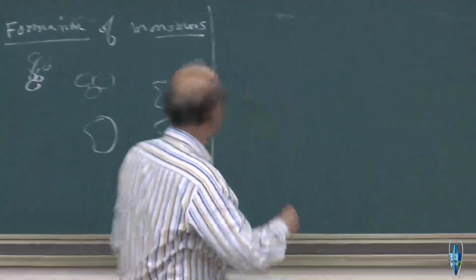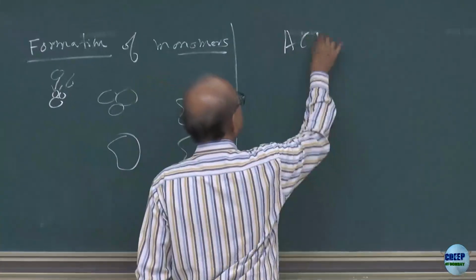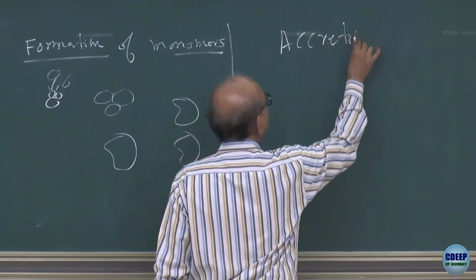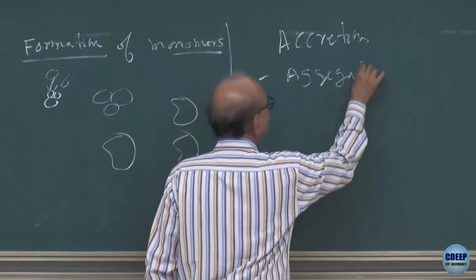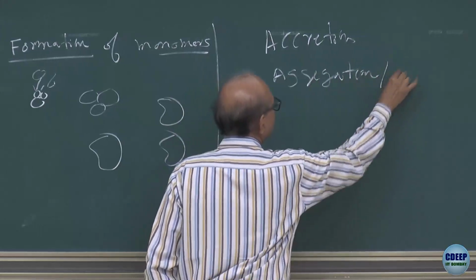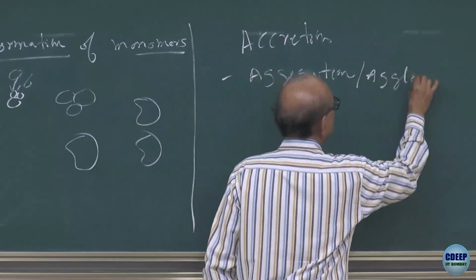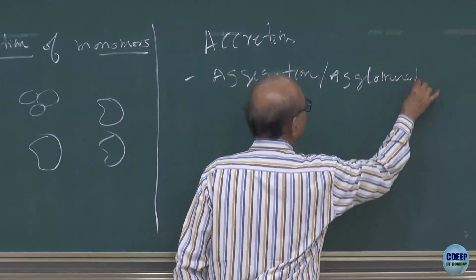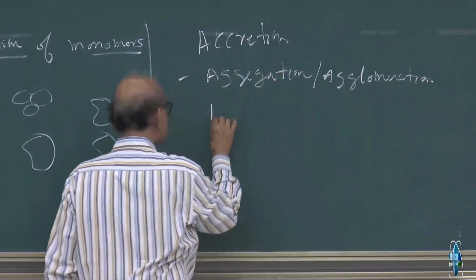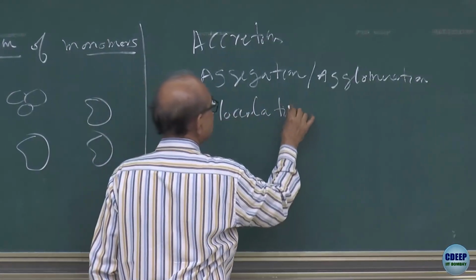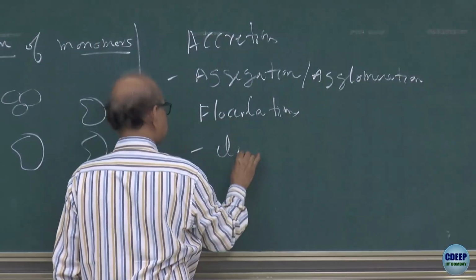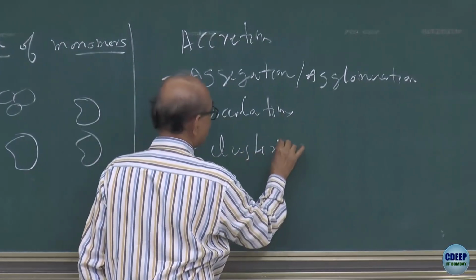You have, for example, a word called accretion, you have agglomeration or aggregation, we have words like flocculation for bubbles. There is clustering also, used quite often.